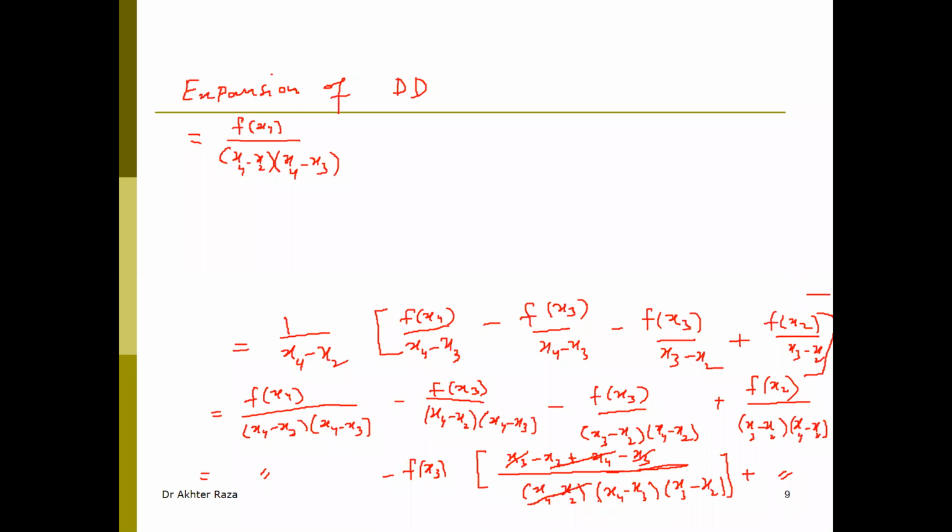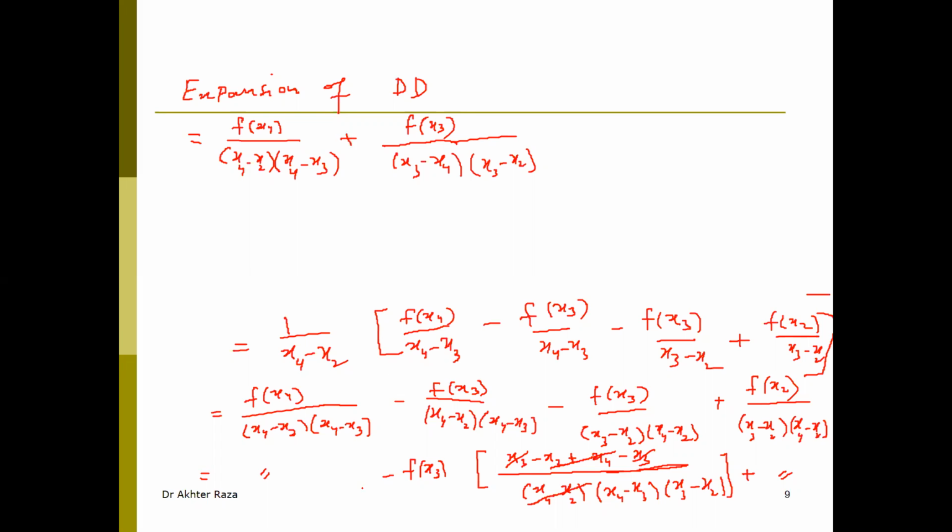So we have f(x3) divided by, instead of x4 minus x3, I'm writing it as x3 minus x4, and in the next bracket, we have x3 minus x2. And we have a negative sign here.